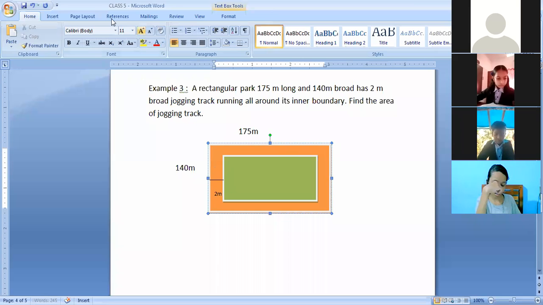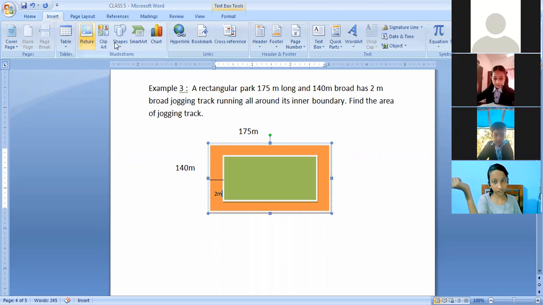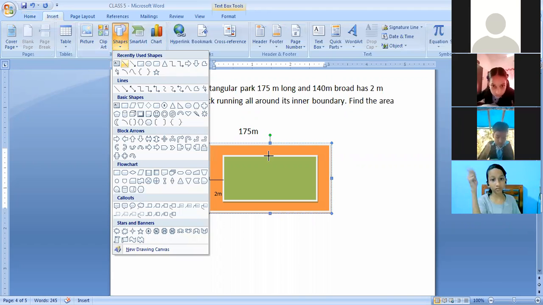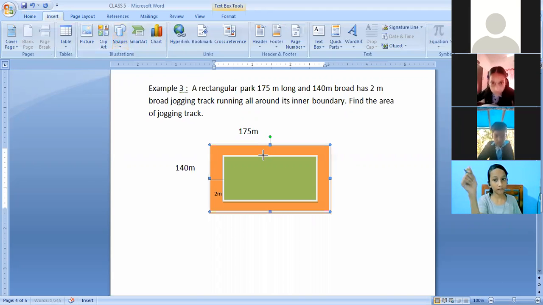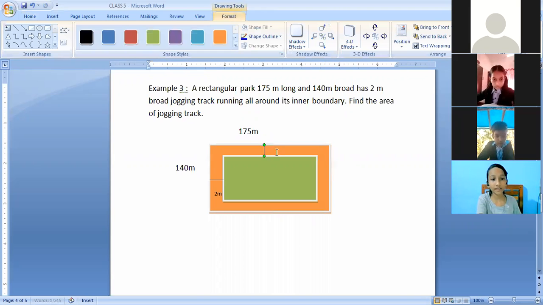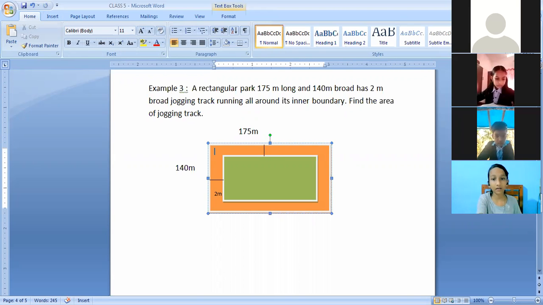So this distance is 2 meter, right? And what about this? This distance is also 2 meter.